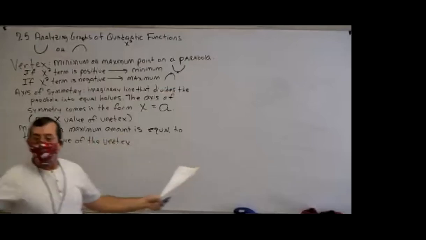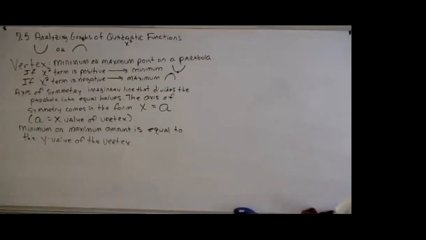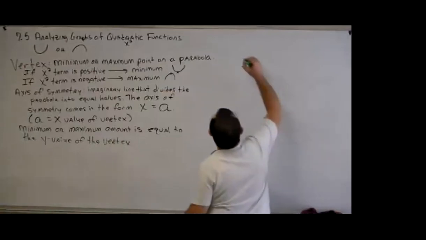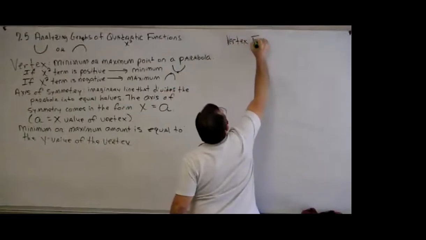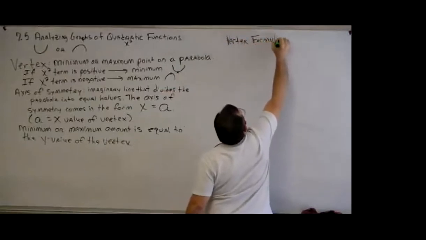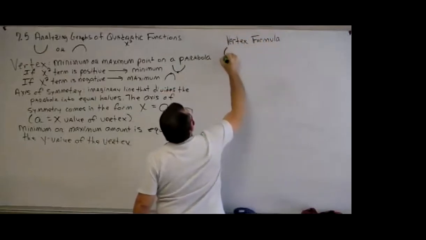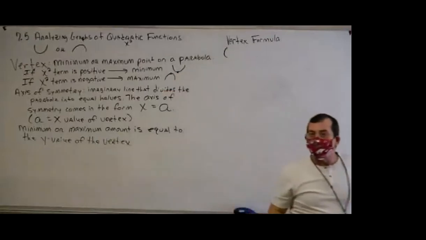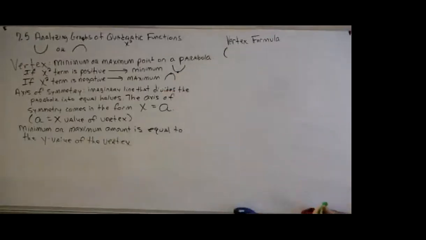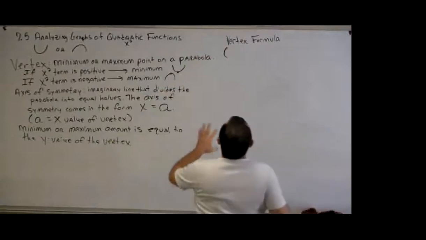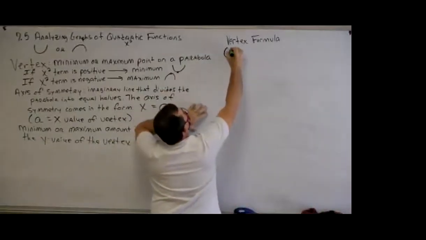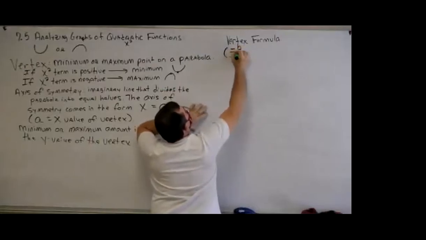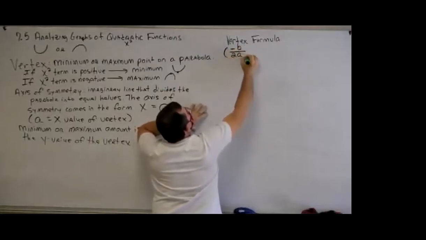So we got a formula for the vertex. Next we'll look at what we call the vertex formula. So y'all, the vertex will look like an ordered pair, so it's going to be in parentheses. To get the x value of the vertex, we do the formula negative b divided by 2a.